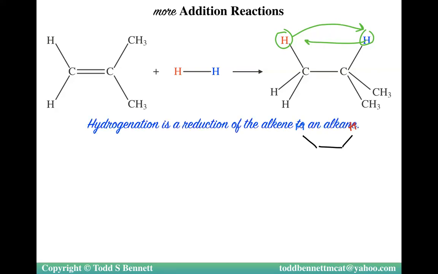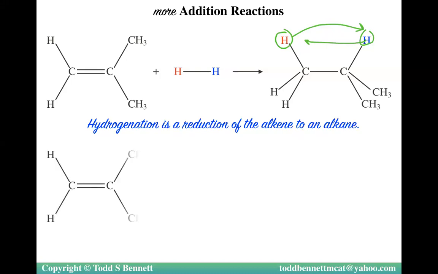So hydrogenation reduces the alkene from a double bond to an alkane. So it's more saturated. So again, whenever I say the word saturated, I mean saturated with H. So hydrogenated products are ones that have been reacted with hydrogen, they've had hydrogen added to them, and they become more reduced or more saturated with hydrogens.